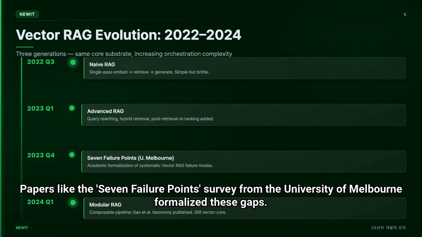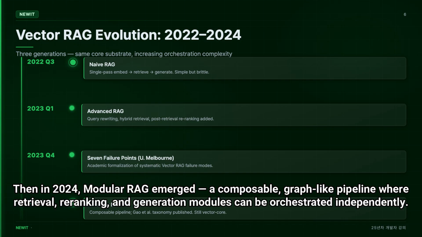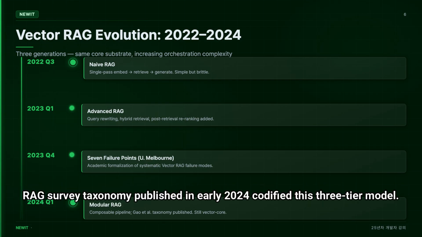Papers like the 7 Failure Points Survey from the University of Melbourne formalized these gaps. Then in '24, modular RAG emerged, a composable, graph-like pipeline where retrieval, re-ranking, and generation modules can be orchestrated independently. The Gao et al. RAG survey taxonomy published in early 2024 codified this 3-tier model.